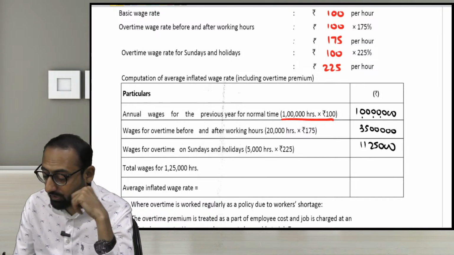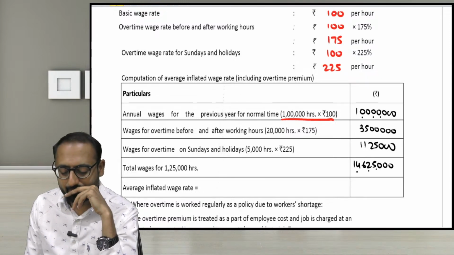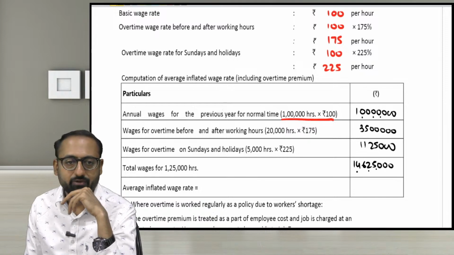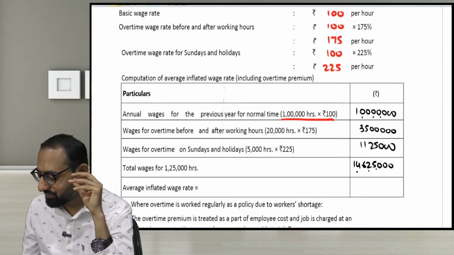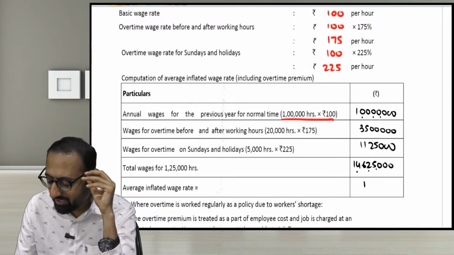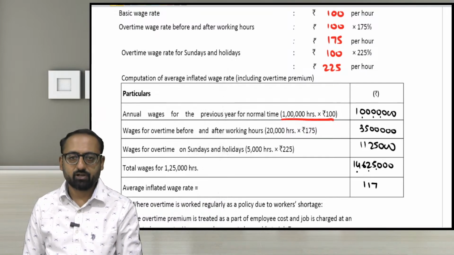So the total will be 1 crore 46 lakh 25,000, and you'll have to calculate the inflated wage rate. So it will be divided by 1 lakh 25,000 hours. So your inflated wage rate is 117.